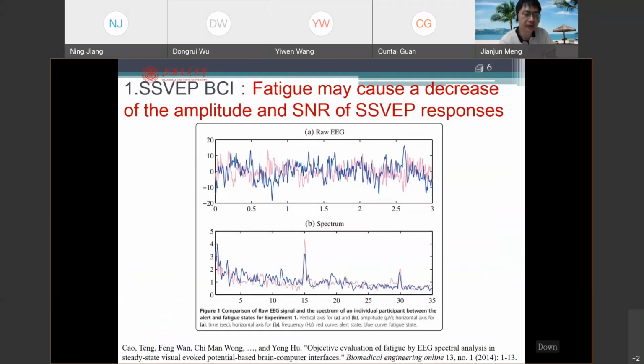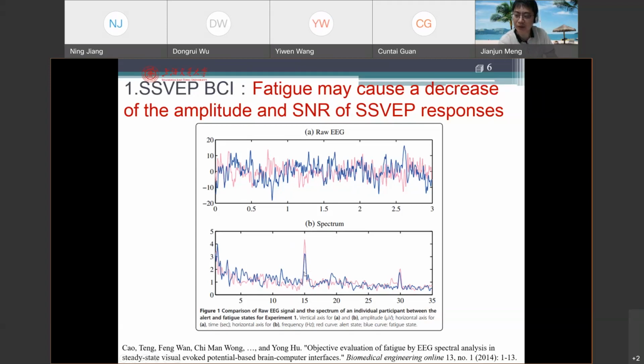Previously, Charlton and his colleagues evaluated fatigue in the SSVEP-based BCI. In their study, they found an increase in alpha band power and also in the theta over alpha band power ratio. These indices are also associated with the increasing fatigue level. They also examined the amplitude and the SNR of the elicited SSVEP response. Here they performed a single LED flash at 15 hertz.